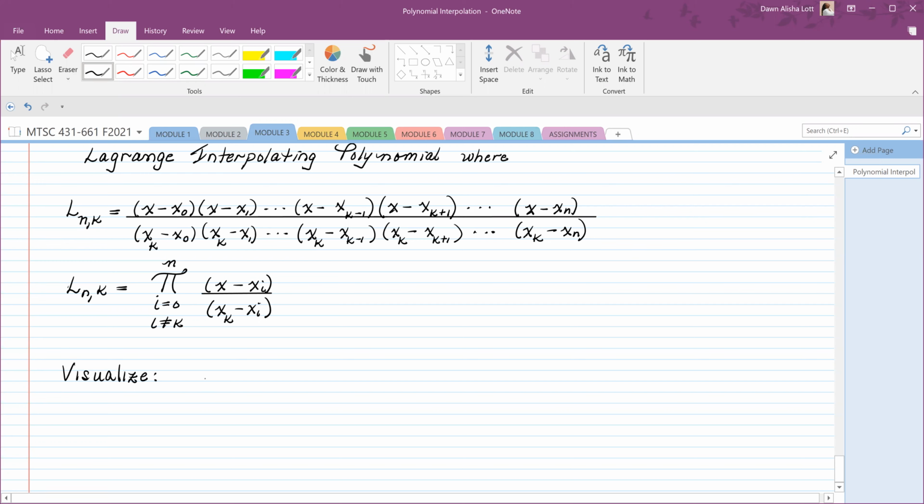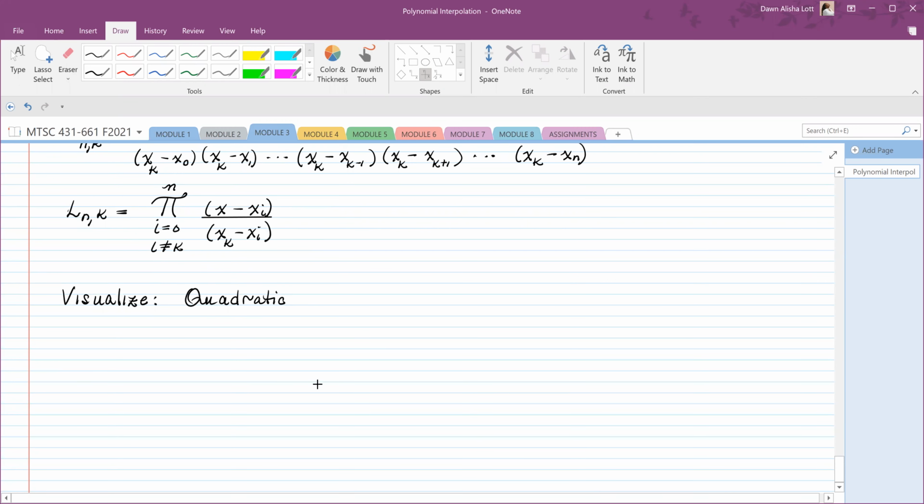I'm going to visualize the quadratic as an example. This is 1 point. This may be another point. And this may be a third point. Okay. And the parabola going through these might be such.